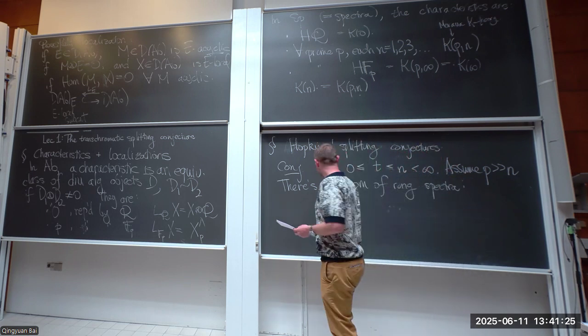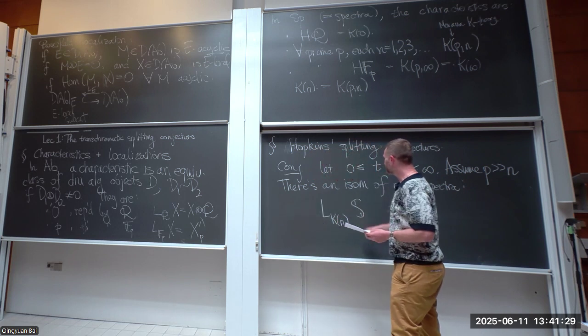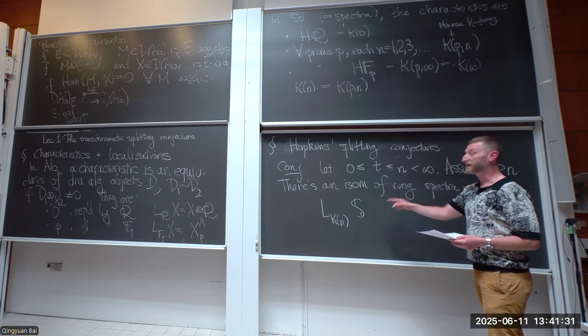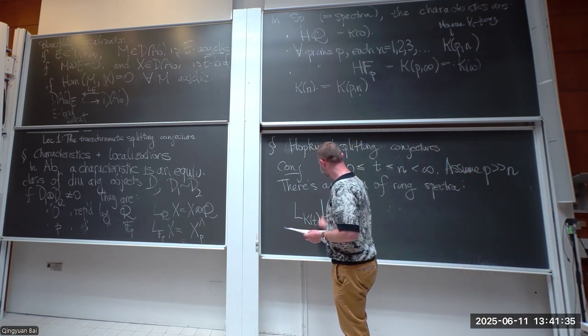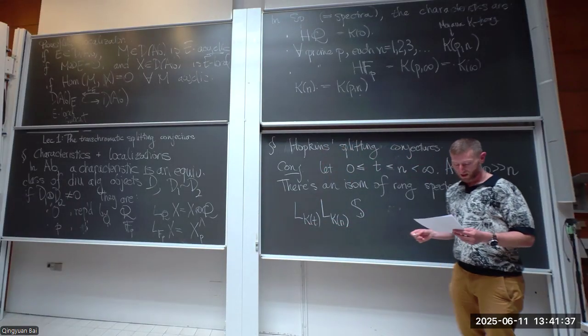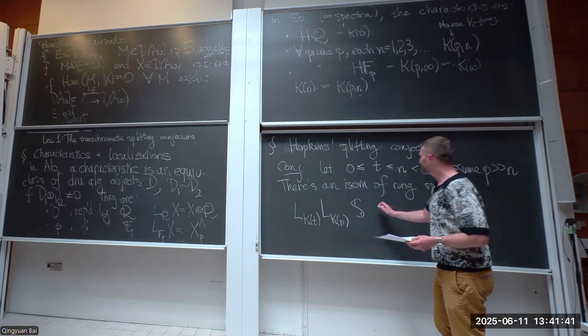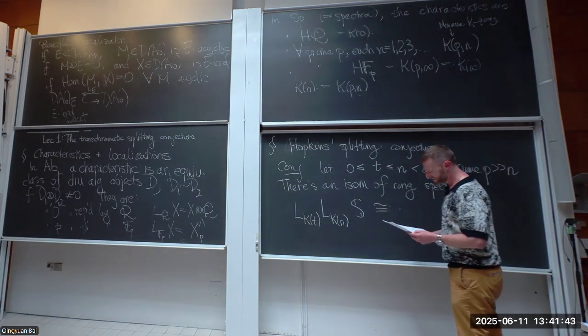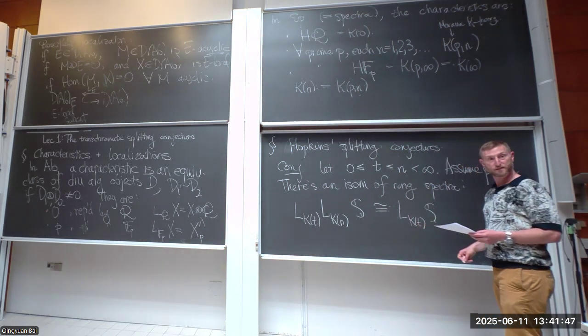So this is going to refer to what happens when you localize the sphere spectrum at the larger K(n), and then localize it once again at the smaller one, K(t). And the idea is that it should be isomorphic to something derived from simply the K(t)-local sphere.